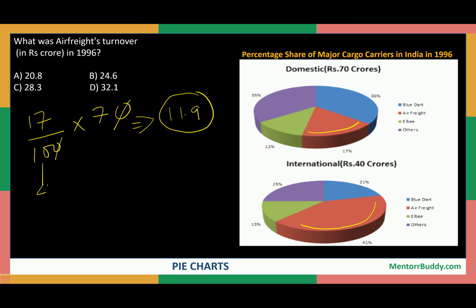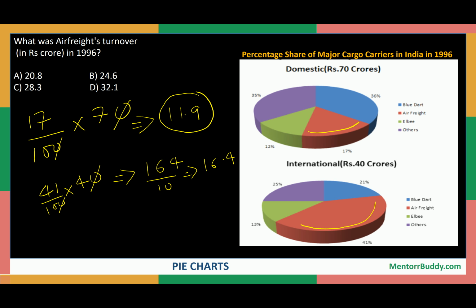So 41% of 40 is 41 divided by 100 multiplied by 40. We cancel out, and 41 into 4 gives us 164, divided by 10 gives us 16.4.